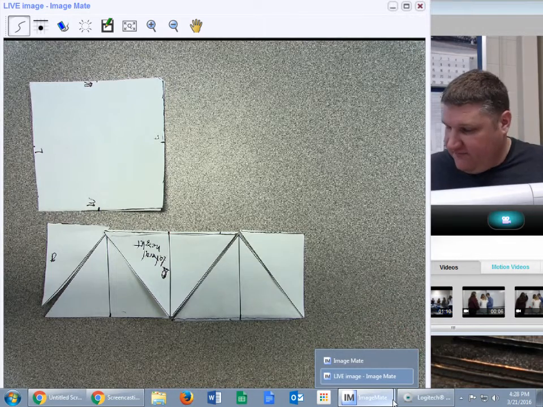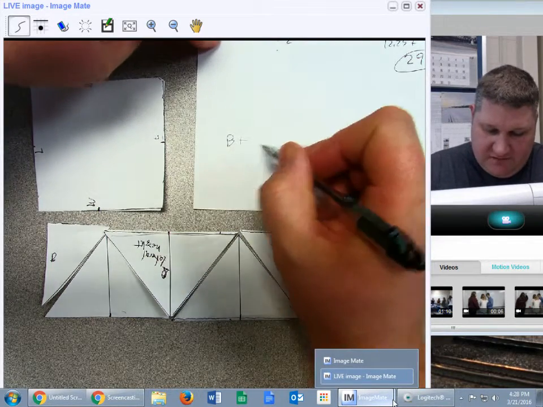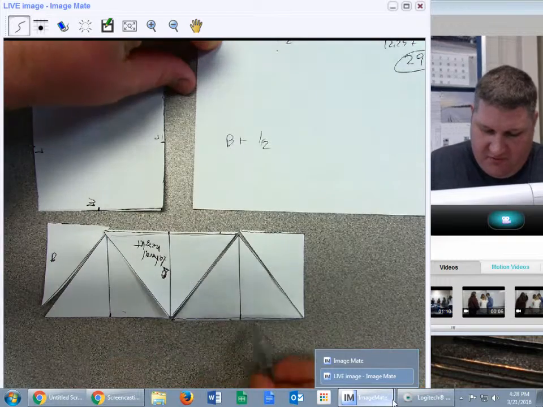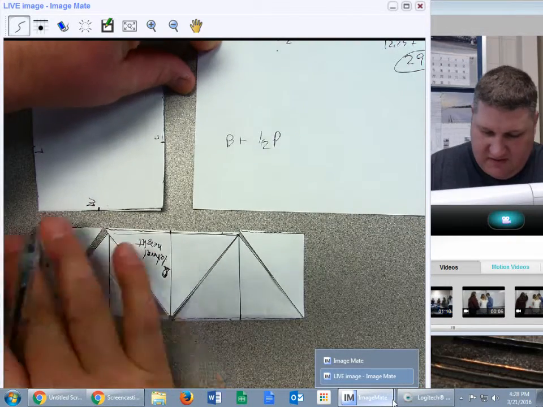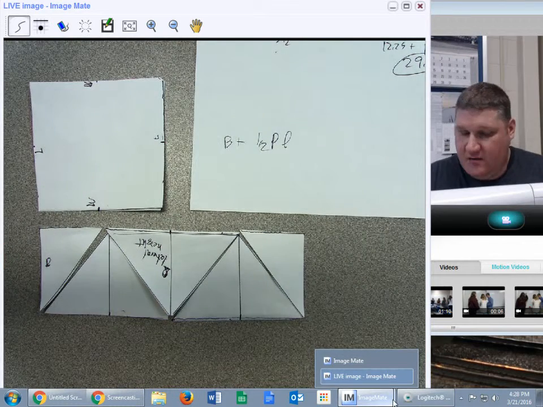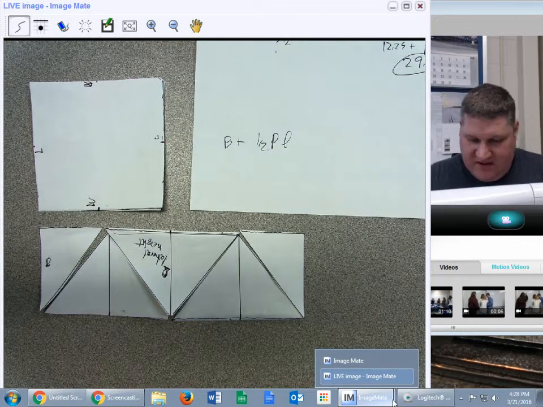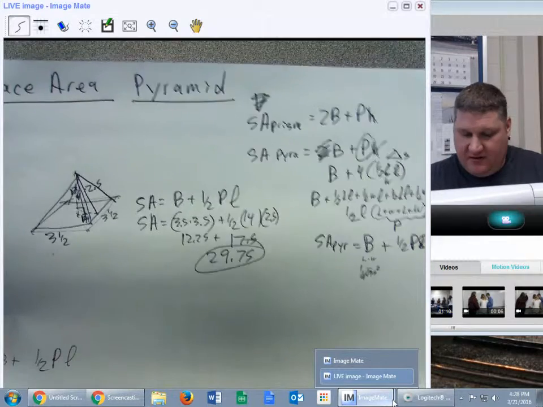So I have base plus 1/2 the perimeter times the height of this rectangle here, which is L. And there I go. I could find the same exact thing. So that is finding surface area of a pyramid.